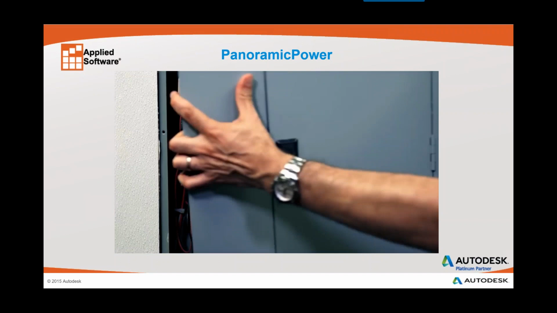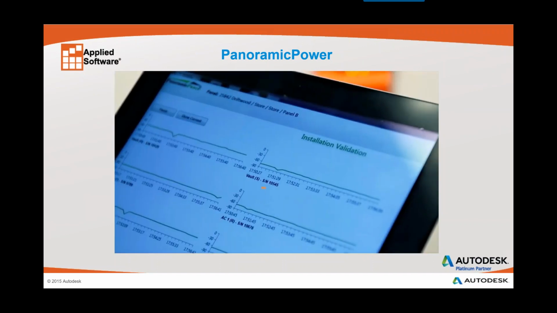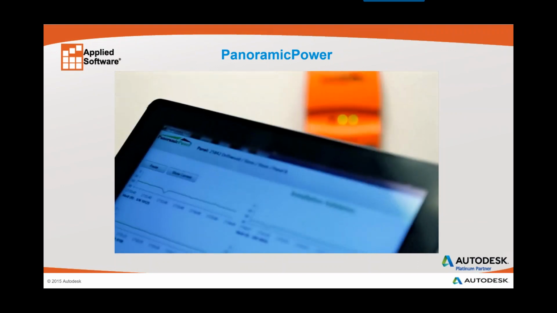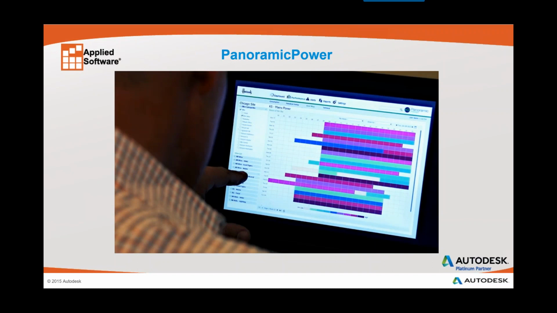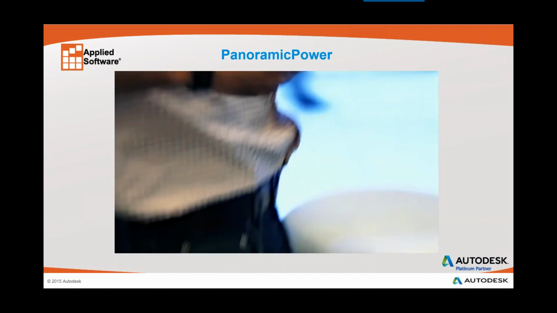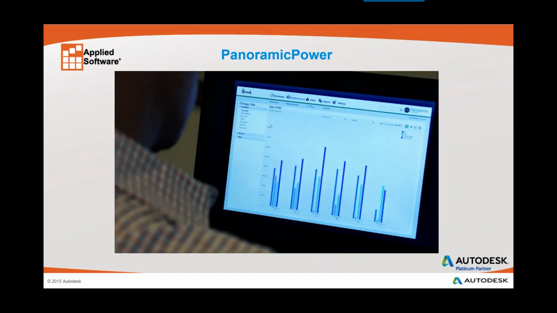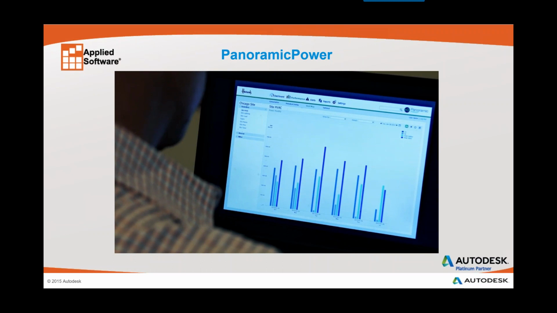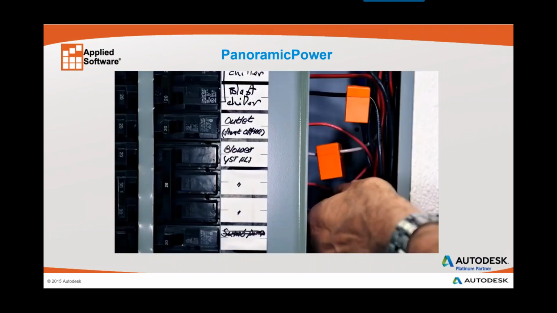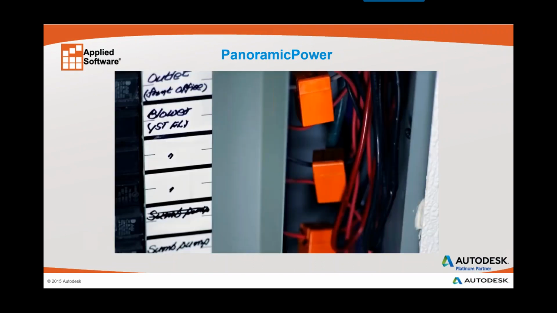Once the bridge is connected and the panel boards are closed, reception from all sensors is verified. The RX LED on the bridge will blink when a sensor message is received. You can then activate the system dashboard and start receiving invaluable energy data. Set up energy alerts, reports, and explore the data using our cloud-based analytic tools. PanoramicPower: snap and fit, easy-to-install sensors that provide unmatched device-level energy intelligence and visibility.